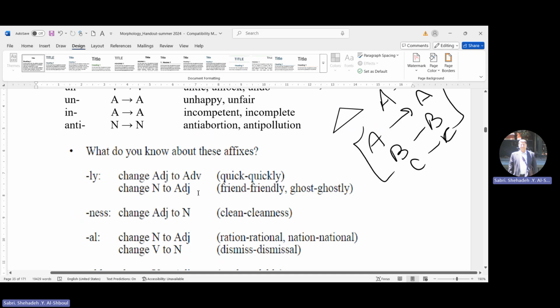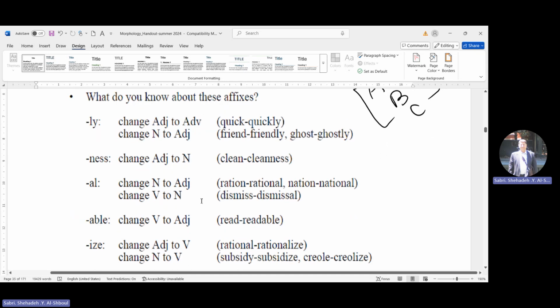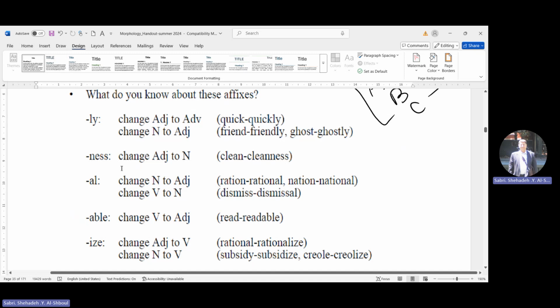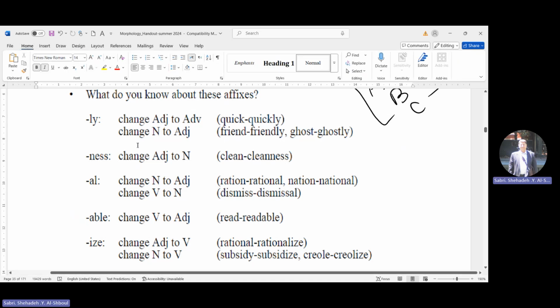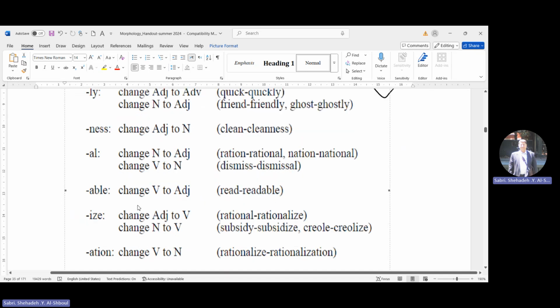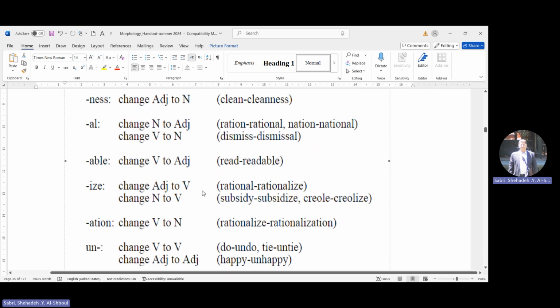ly also changes a noun into adjective, friendly. Ness changes an adjective into a noun. Al changes a noun into adjective, rational, and a verb into noun, dismissal. Able, which is the same, readable.